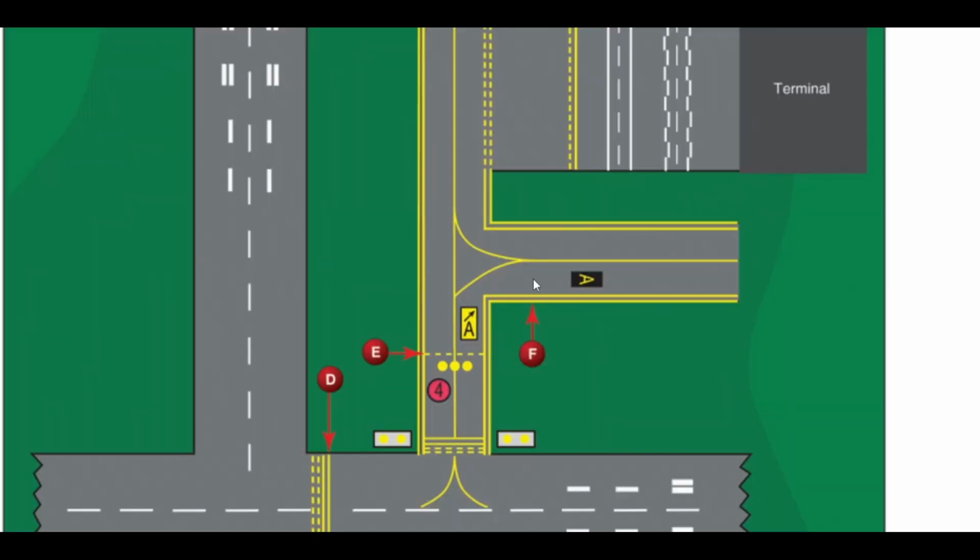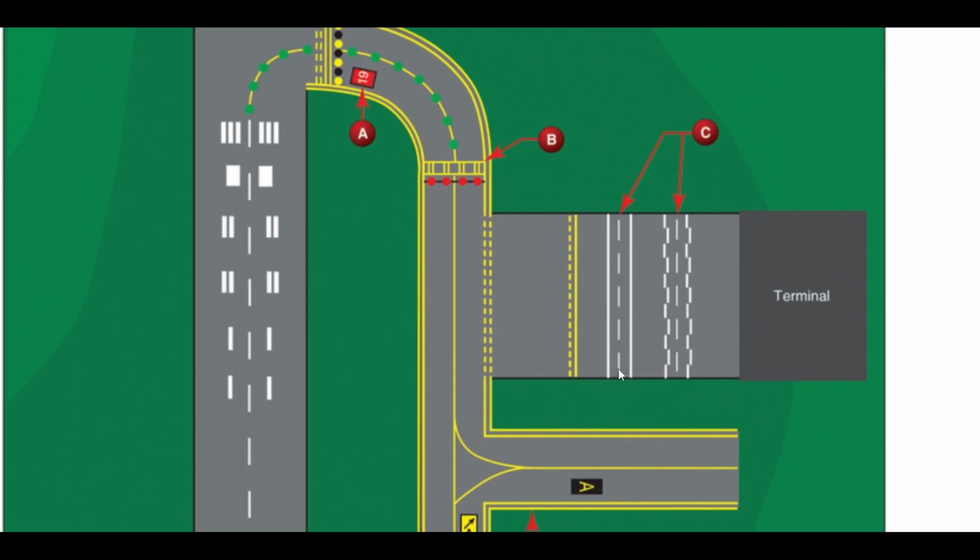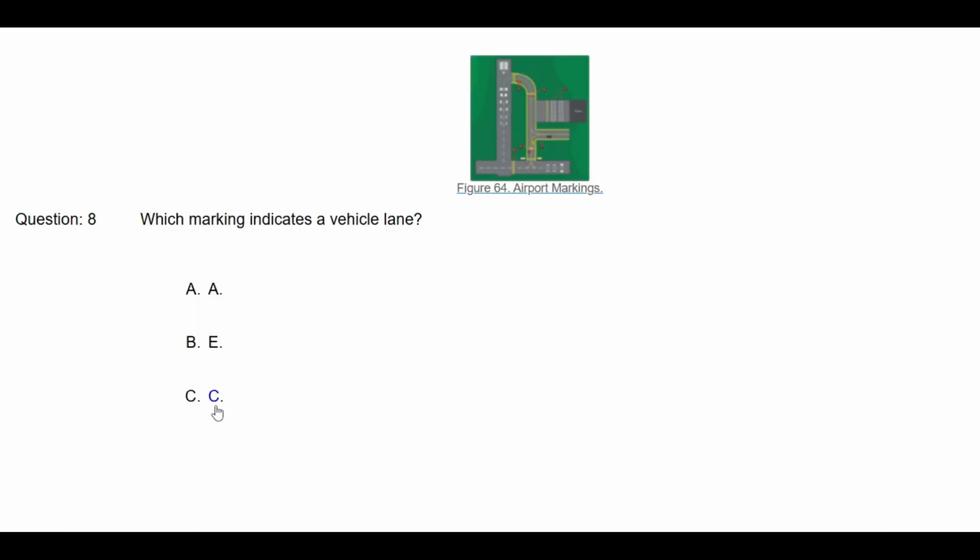C would be your answer because these are vehicle roadways, so civil cars and vehicles are allowed to travel here, but your airplane is not. Your airplane is meant to travel within these yellow markings. The airplane is way too big to enter this, so if you see the squiggles or the straight line, that's for a car. So the answer would be C.